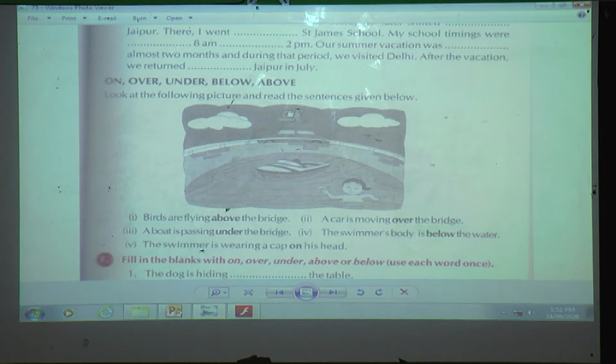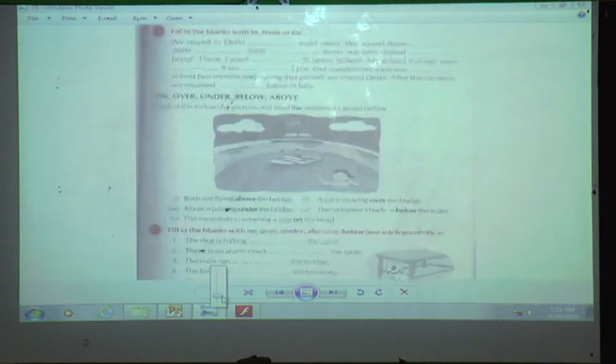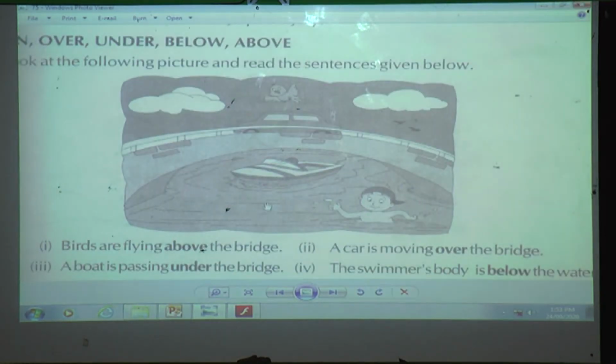Birds are flying above the bridge, car is over the bridge, boat is under the bridge, swimmer's body is below the water and swimmer's cap is on his head. Can you see properly now? Okay.